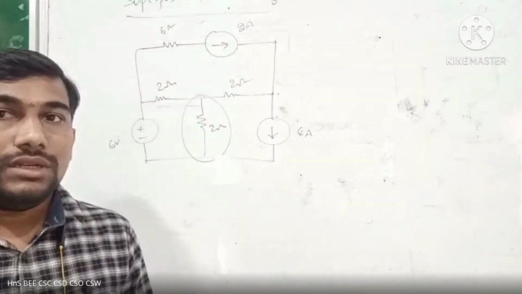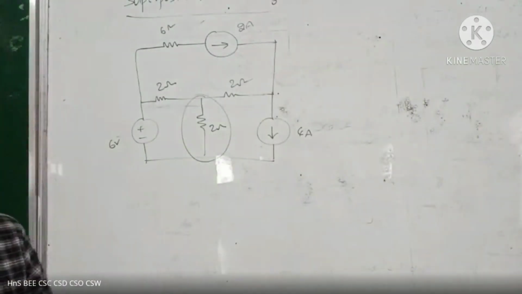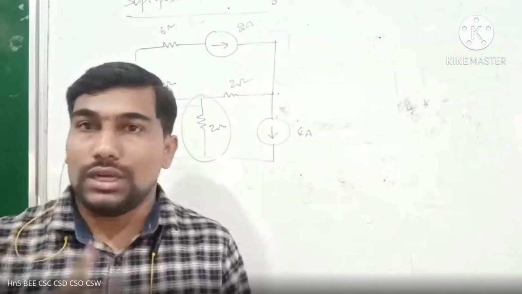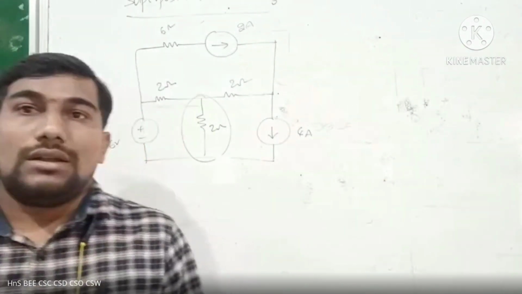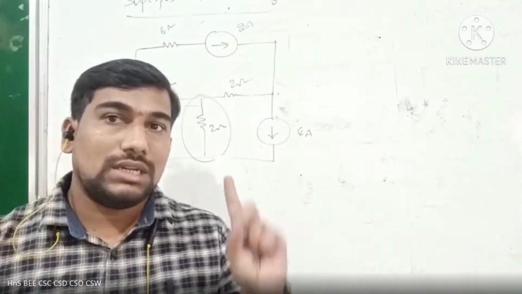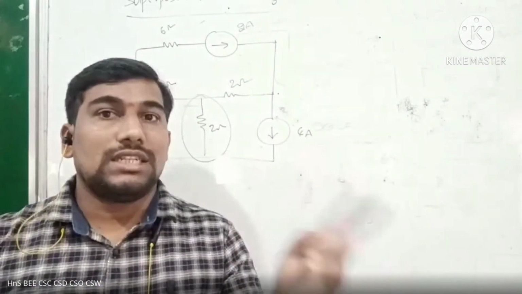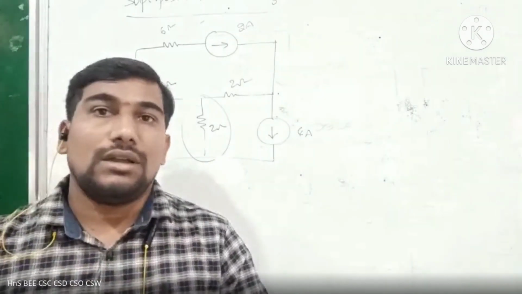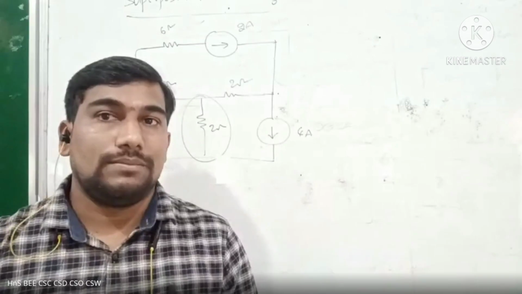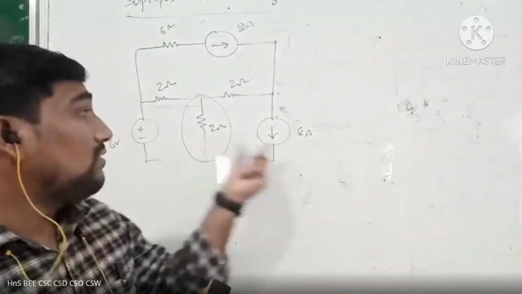Now, in every problem, we have a total of 3 or more steps. For example, in the previous one, we had only 2 sources. From that given question, we took three steps, because in step number 1, one source is activated. In step number 2, another source is activated. The last step is the combination of the 2 sources' currents. But in our given question, we have 3 sources.